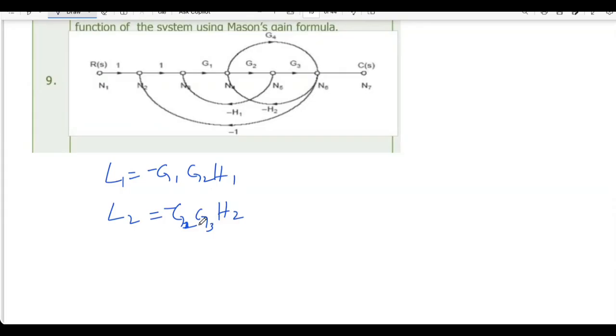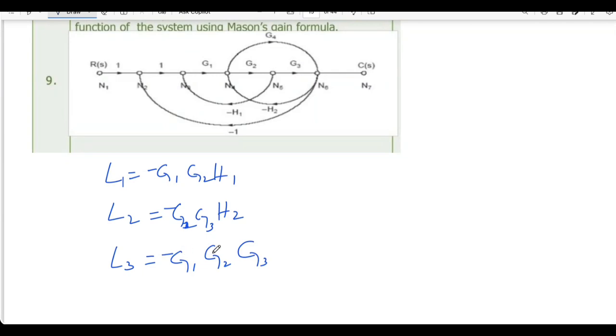Then L3 is G1, G2, G3 into minus 1. Okay.